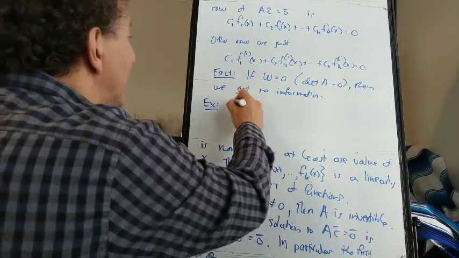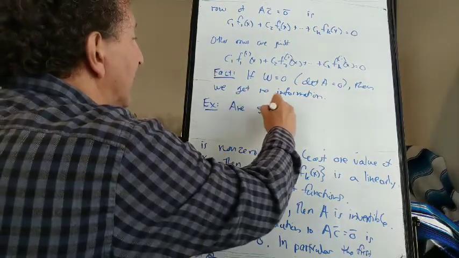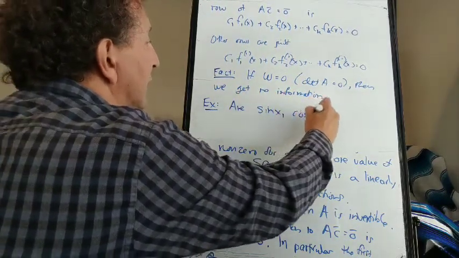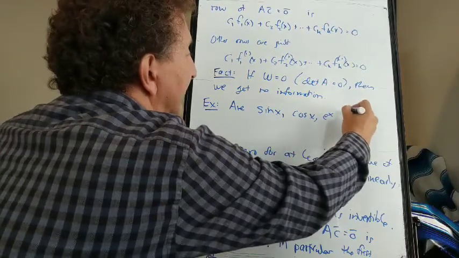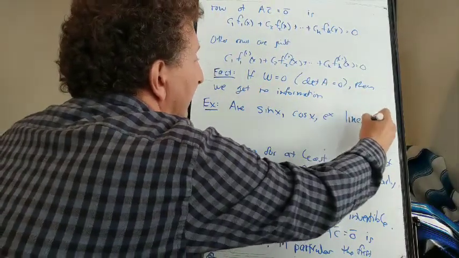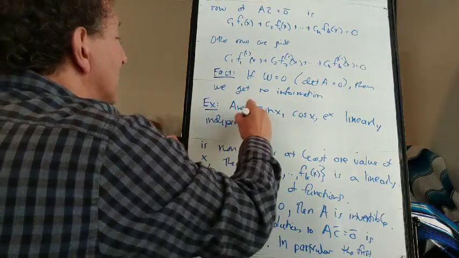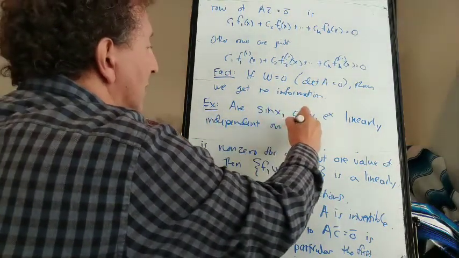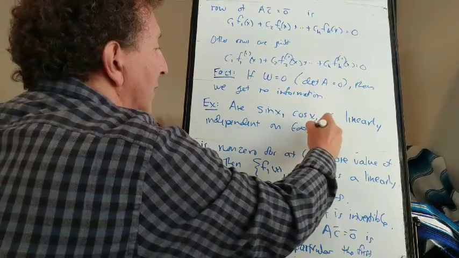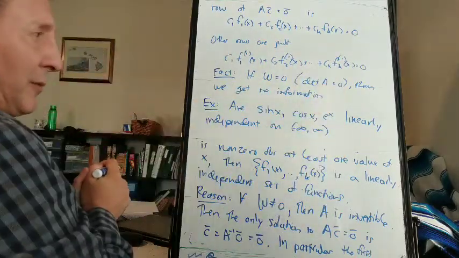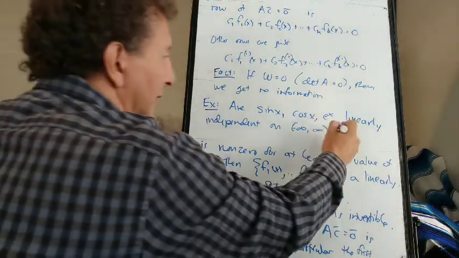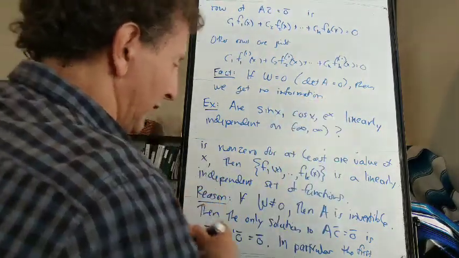So for example, we might ask, are sine x, cosine x, and e to the x linearly independent? Now these functions are defined everywhere from negative infinity to infinity, so we can use that as our interval where they're defined.